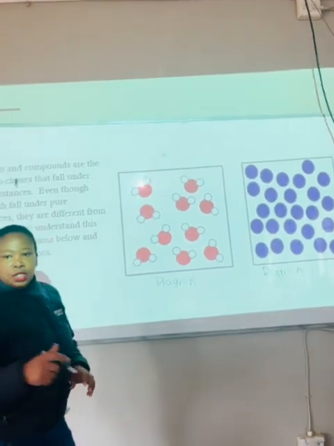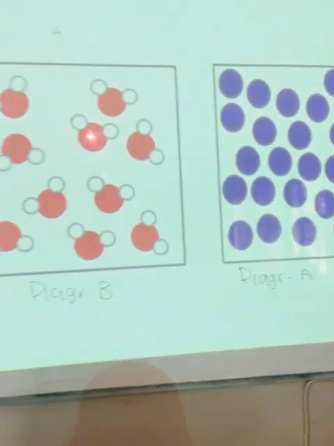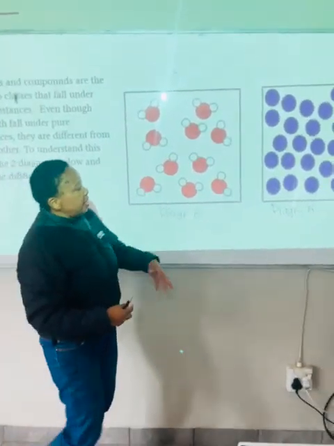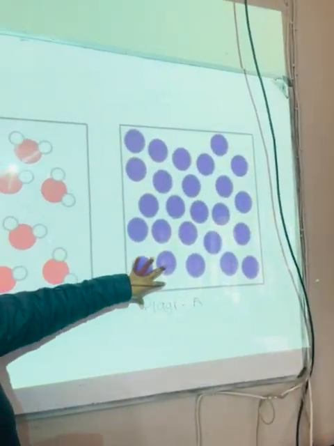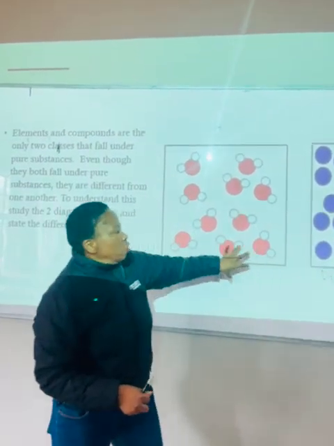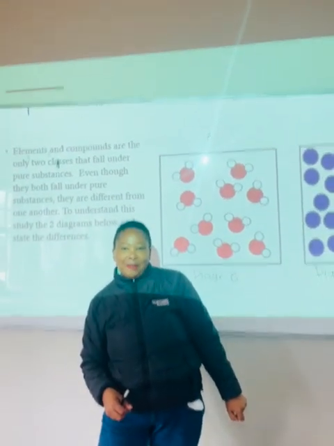Please take note that a circle represents an atom. Just look at the atoms in diagram A and then look at the atoms in diagram B.